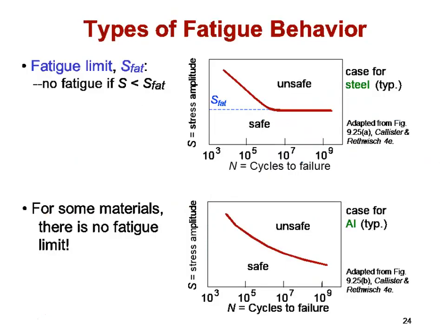Types of fatigue behavior. In terms of what we would like to see if we're designing a material, what would be very, very nice would be a material that displayed the behavior on the top graph, where for a given stress amplitude, as we increase the number of cycles, we would see basically a limit in the stress amplitude versus cycles to failure, such that if we stayed below that limit, it wouldn't matter how many cycles we imposed, the material would never fail.